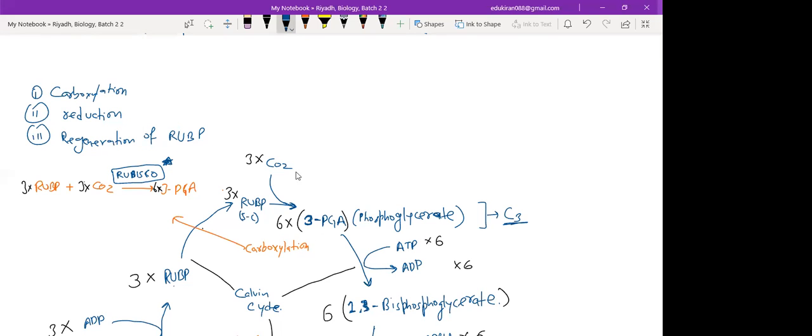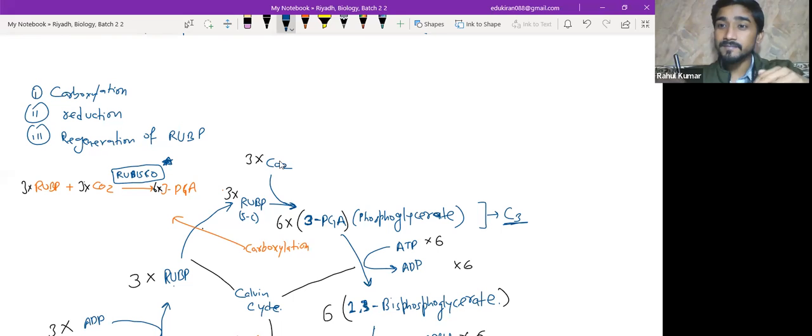So that's why if you have more oxygen in the system, it will decrease the photosynthetic rate in C3 plants, because C3 plants have no other way to fix CO2, and their fixation of CO2 solely depends on Rubisco. And when Rubisco sees more oxygen, it can shift from CO2 to O2.